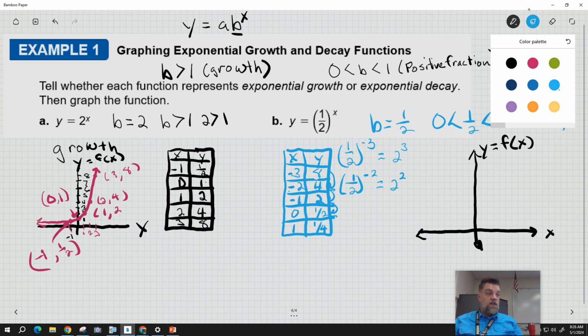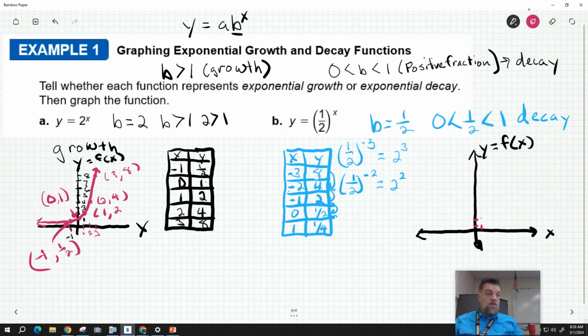So I'm going to go over 1, 2, 3, and then let me label this real quick. This would be 1, this would be 2, this would be 3, this would be 4, 5, 6, 7, 8. And then this is negative 1, this is negative 2, this is negative 3.